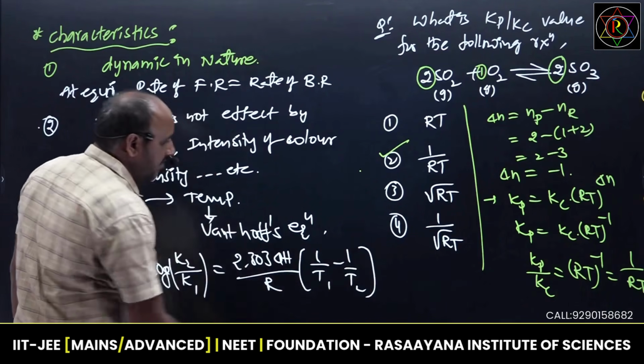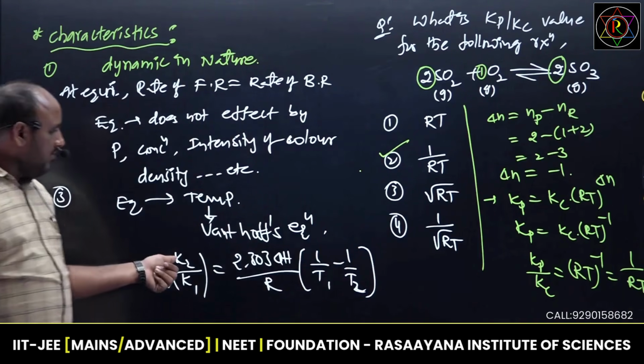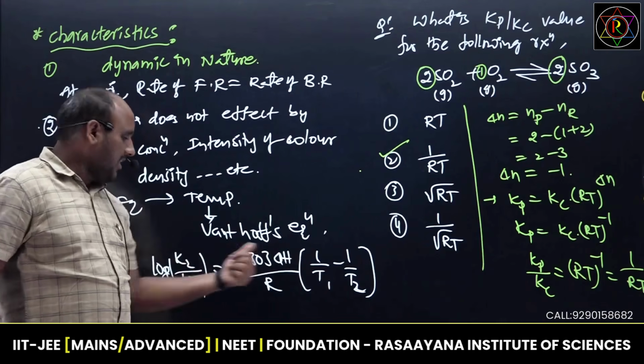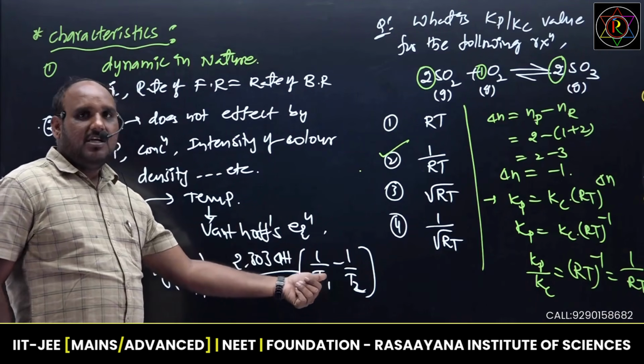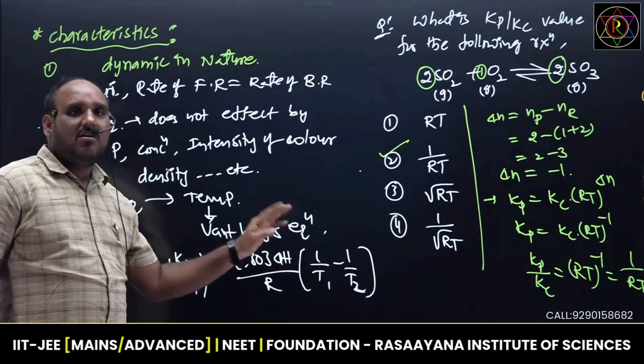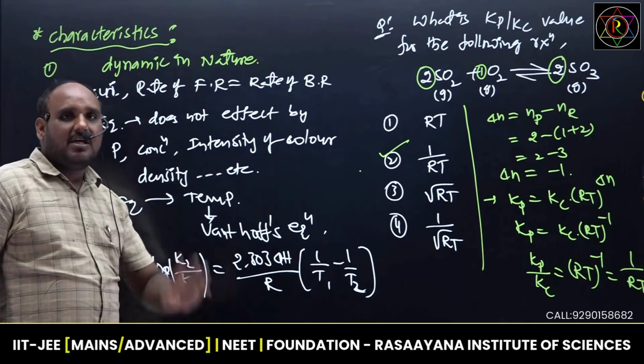So this is the Van 't Hoff equation. It shows how the equilibrium constant is related to temperature, whether it is an exothermic or endothermic process.